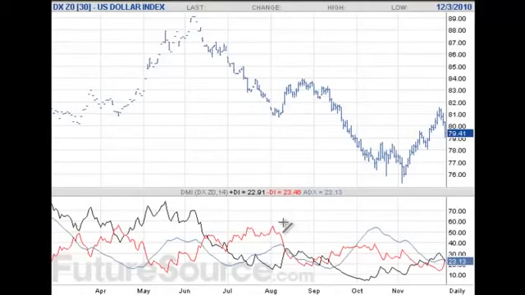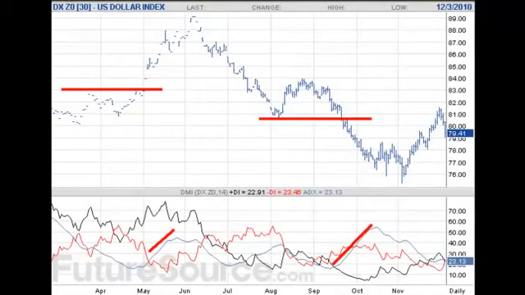So let's just look at some key areas here. Here we have the US dollar. It broke resistance. Okay, ADX rose and went with it. Down here we got the market. It breaks support. ADX rose and went with it.